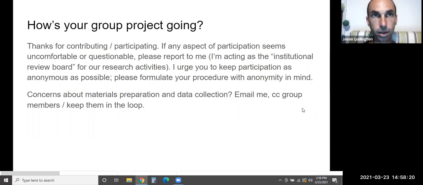I have already gone through about half of the research first draft introduction sections and given comments on that. I still need to get through the other half, so I'm going to work on that today. Anything else? Okay. How about, does anyone have your materials already ready and prepared to collect data today?